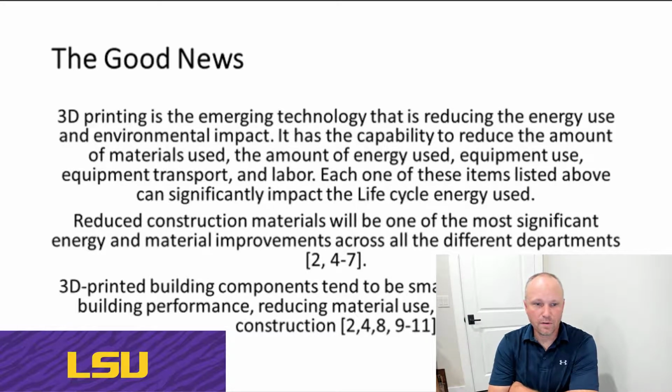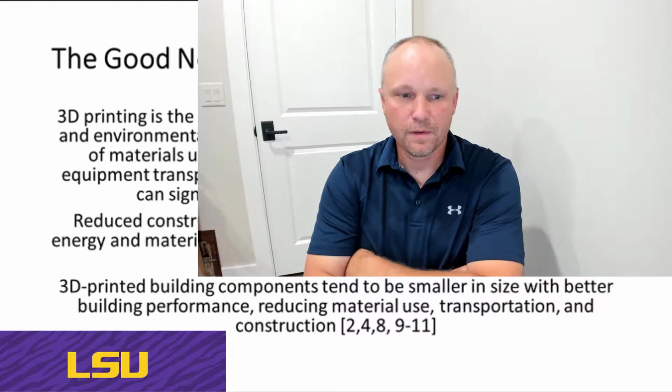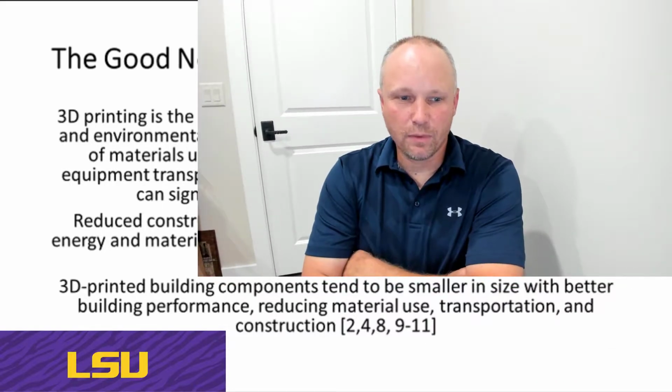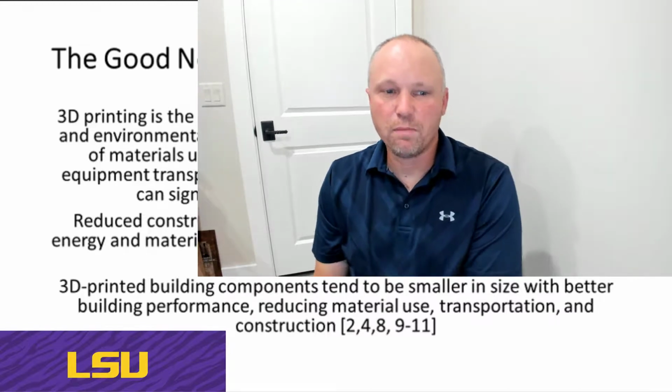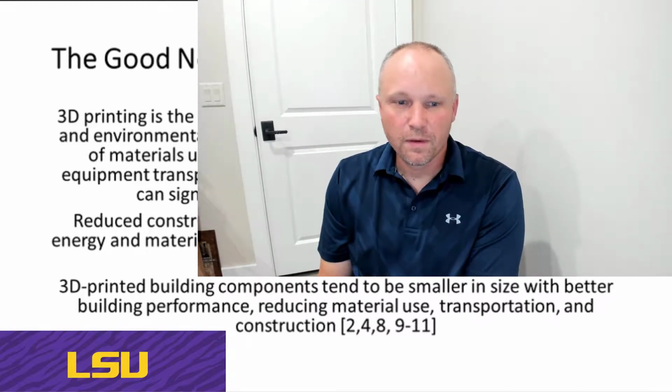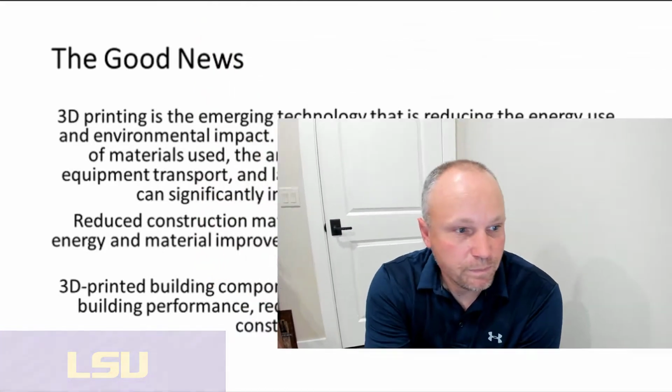Reduced construction materials will be one of the most significant energy and material improvements across all different departments. 3D printed building components tend to be smaller in size with better building performance, reducing material use, transportation, and construction.